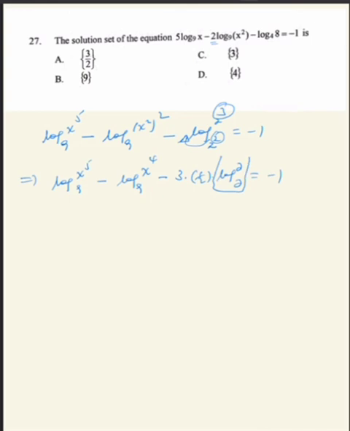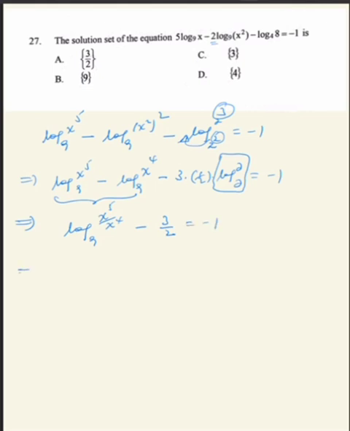Logarithm of 2 in base 2 is 1, so we use that as 1. So looking at this part, the difference of two logarithms having the same base gives us a result like this: x to the power of 5 over x to the power of 4 in base 9 minus 3 times 1 over 2, which is 3 over 2, is equal to -1.